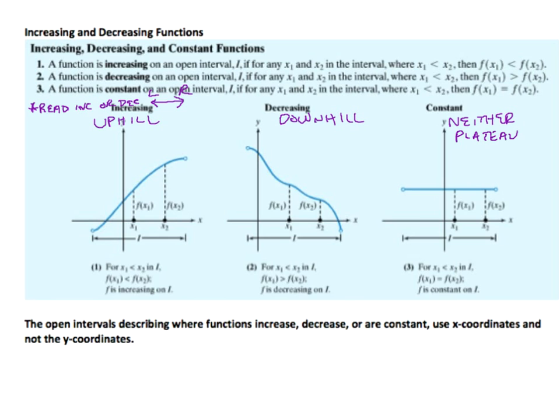Now, here is the tricky thing that students have a little bit of issue wrapping their brain around. Most of you can look at the graph and say, okay, increasing, decreasing, neither. But you state it as it's happening through the domain, as it occurs across the x-axis.